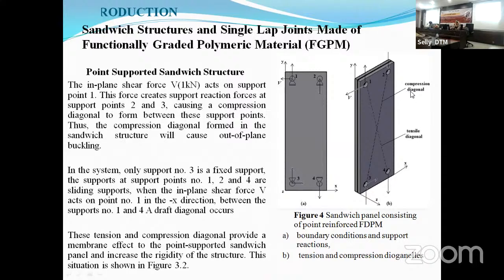So it's a compression diagonal. And then with the only support at 3 being fixed and the inclined shear force loading, points 1 and 4 become a tensile diagonal. So the plate should buckle, okay?